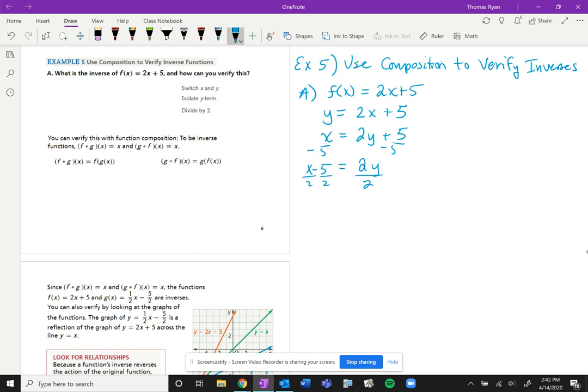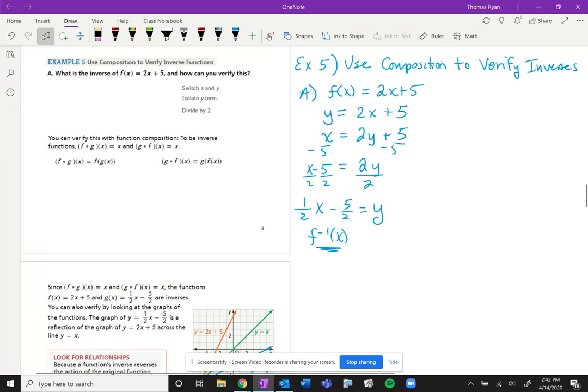So we do this, and we get 1/2 x minus 5/2 equals y, which is our inverse. Okay, so our original is 2x plus 5, and our inverse is 1/2 x minus 5/2.